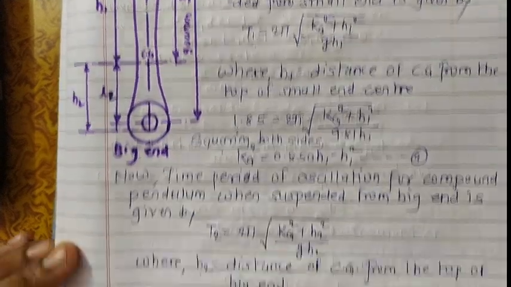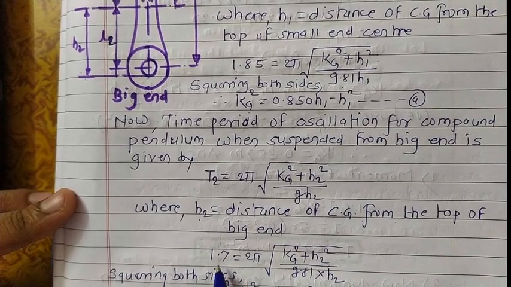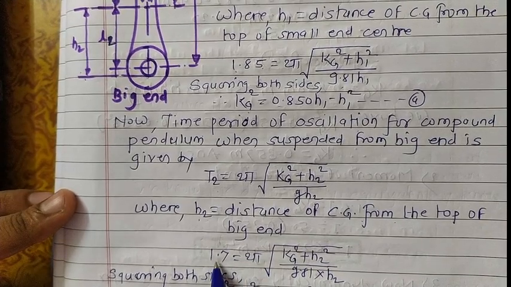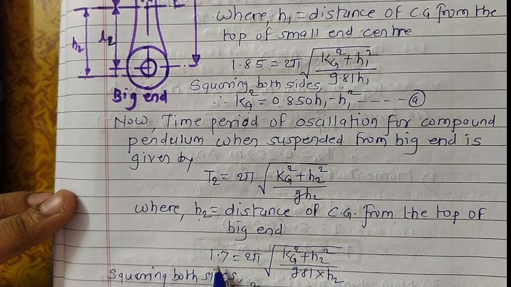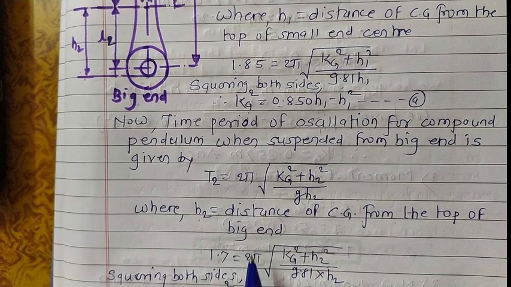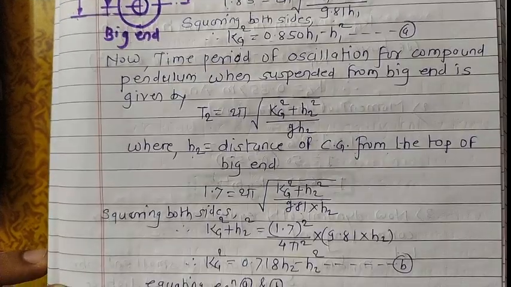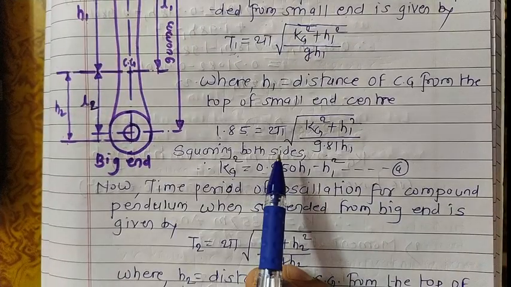Now this time period is 1.7, given in the problem. So substitute the value: T2 as 1.7 equals 2 pi square root of (kg square plus h2 square) divided by g, which is 9.81, multiplied by h2. Similarly, we have already done this step earlier.